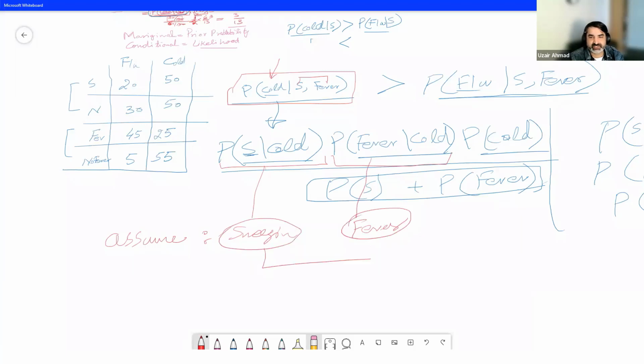That means if a person is sneezing, there is no way we can say that the person will have fever.